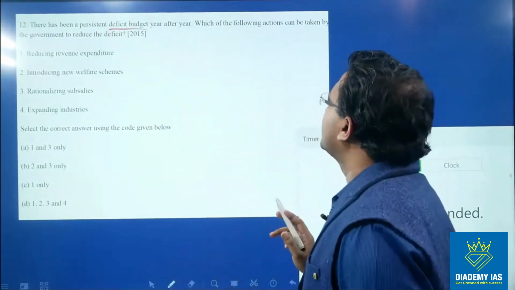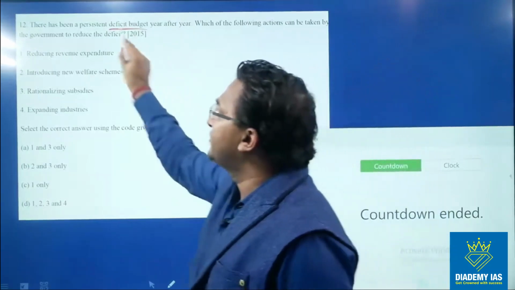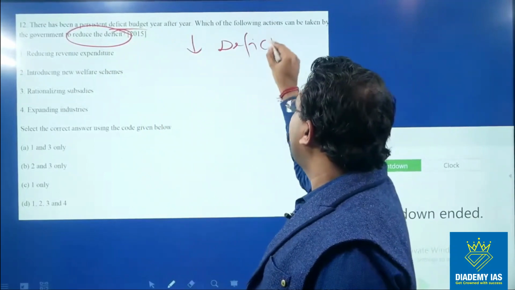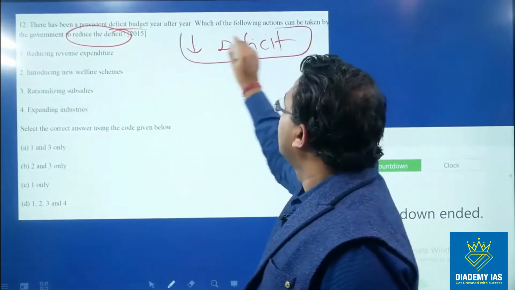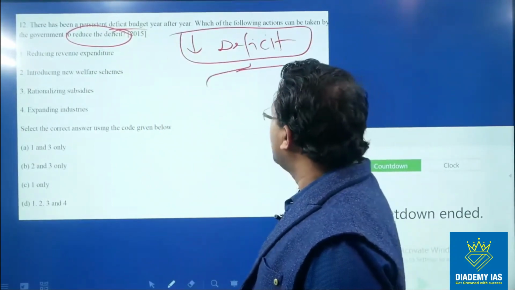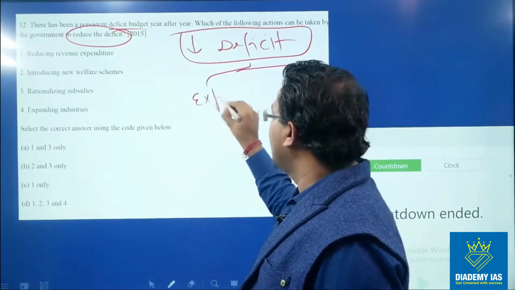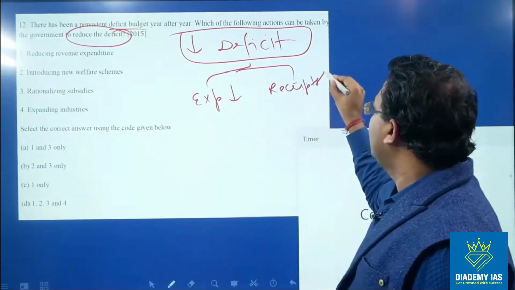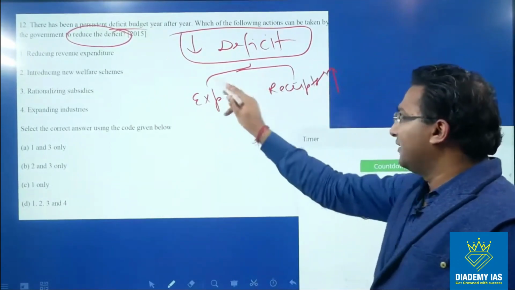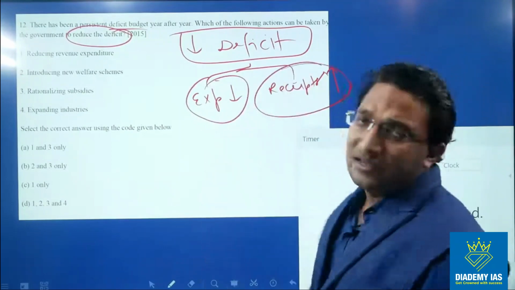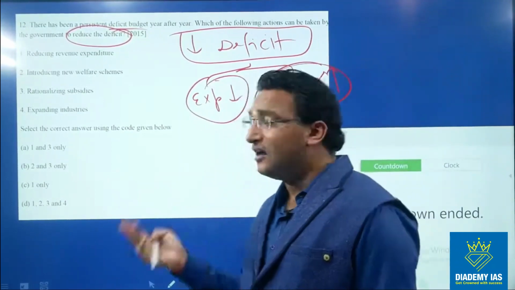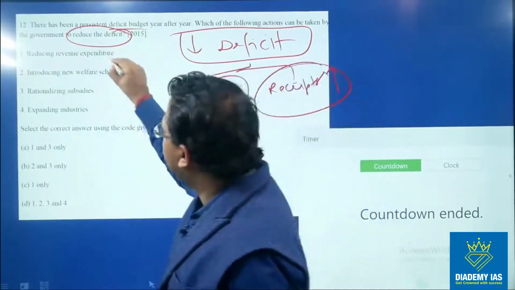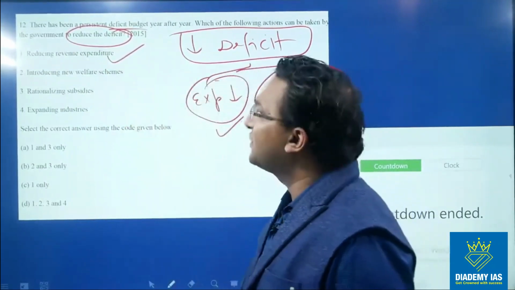Which of the following actions can be taken by the government to reduce the deficit? So answer is how to reduce the deficit. So if the government wants to reduce the deficit, then there can be two ways. Either we reduce the expenditure or we increase the receipts, right? So we will analyze each option whether they are falling under any of these two categories or not. If not, then that is not the correct answer. Reducing revenue expenditure, yes. So statement 1 is the correct statement.